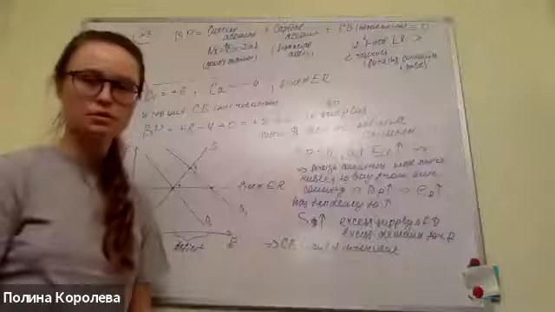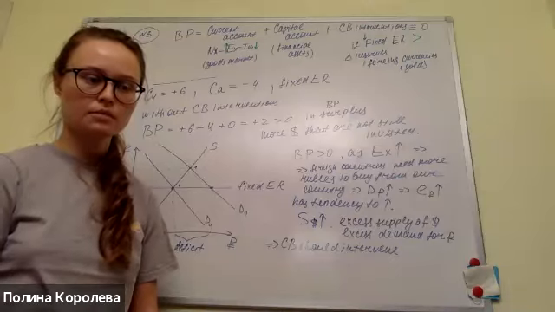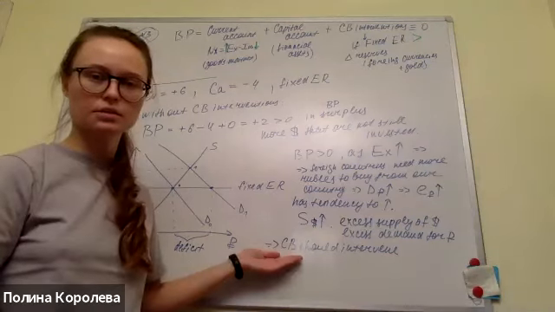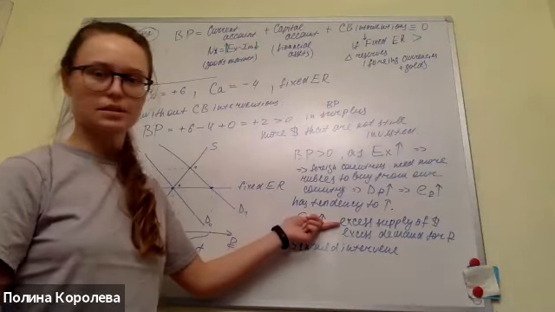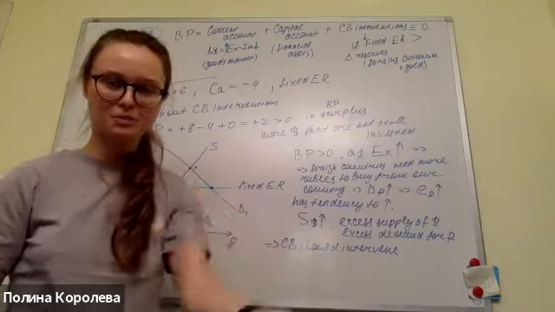Exchange more rubles into dollars? Should it buy dollars or sell dollars? Sell dollars. If the central bank sells dollars, it will increase the excess supply of dollars in the market.